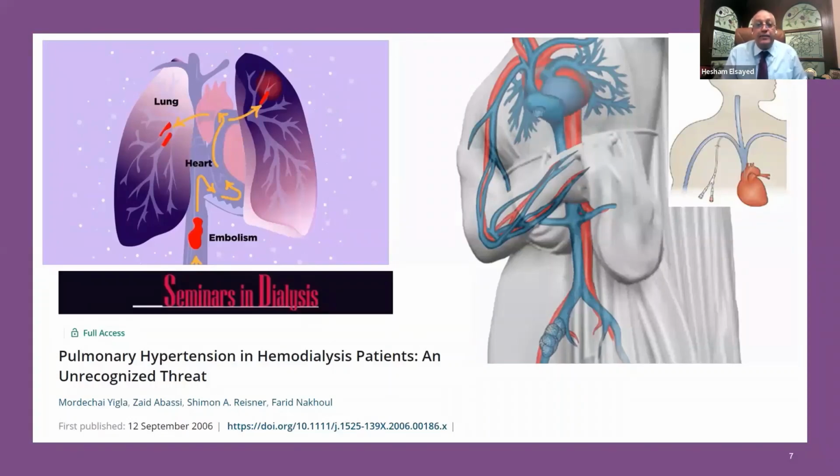This pulmonary hypertension and the right ventricular strain also affect the circulation and the filling pressure of the left ventricle, and subsequently the cardiac output. So pulmonary hypertension in hemodialysis needs further attention and investigation.